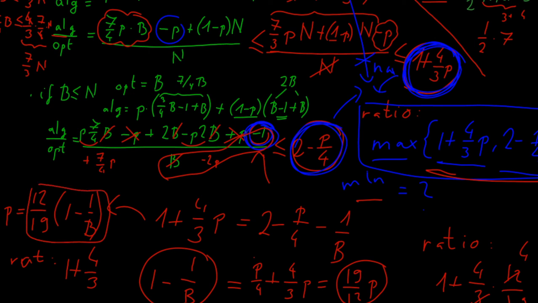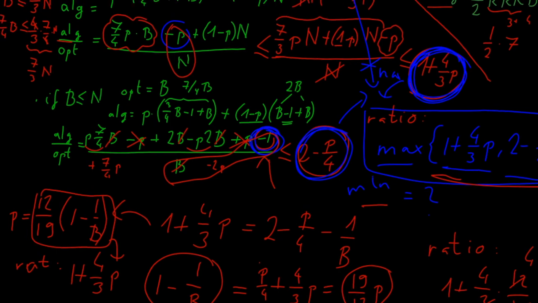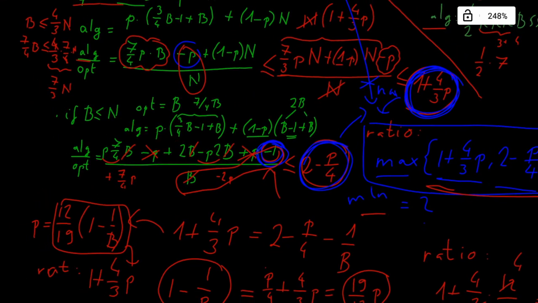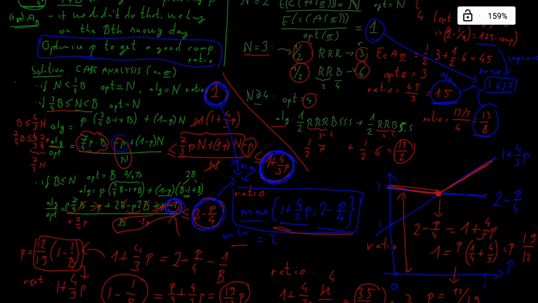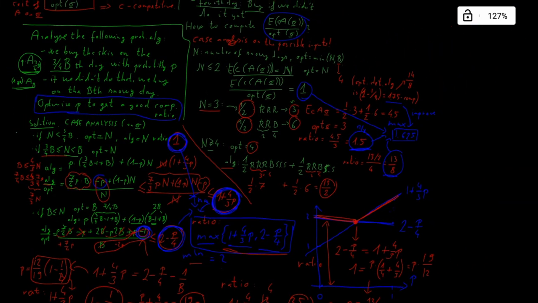I just ran out of space here, and you can do the computation. This is slightly better than the previous one, and we can do something even more if we also try to bound this b divided by n's value, but it's not that fruitful to do that. In general, this is how you do optimizing randomized algorithms.